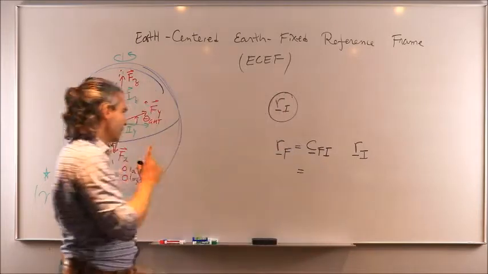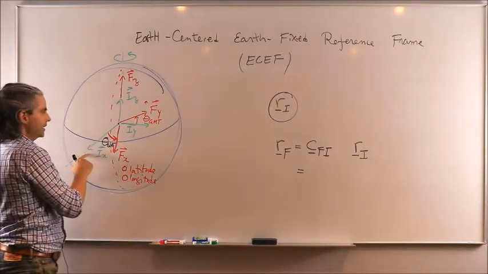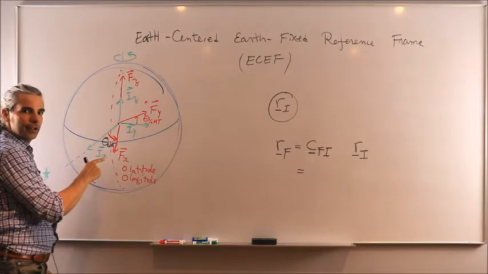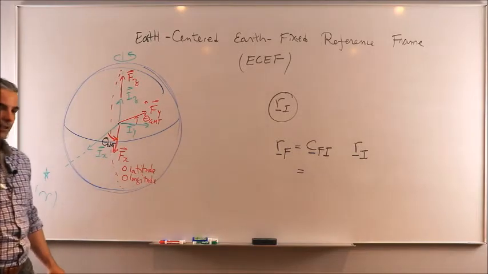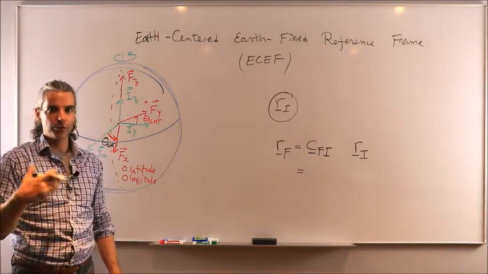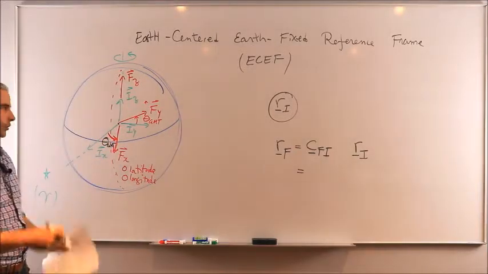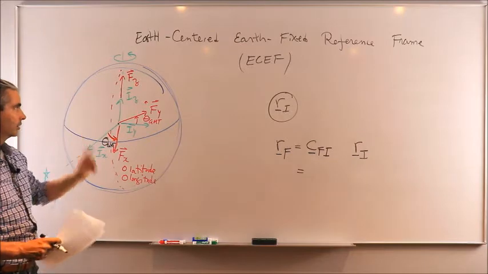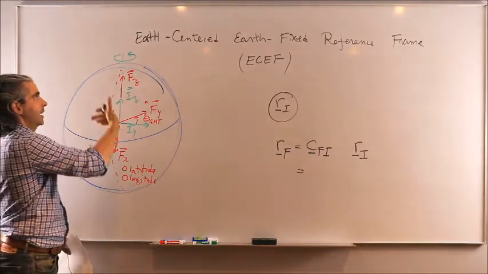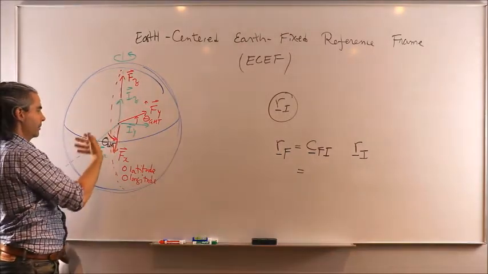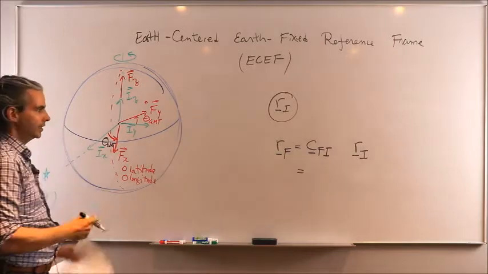It turns out the relationship between ECI and ECEF is a single principal rotation. We don't need to do 3 consecutive principal rotations back to back. All we need is a single rotation about the Z unit vector to go from ECI to ECEF, right?